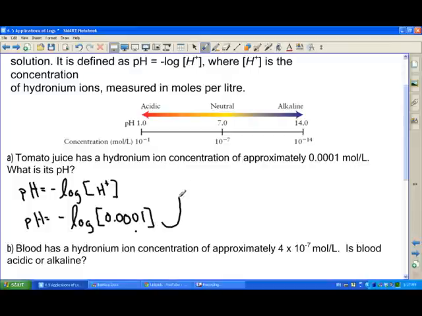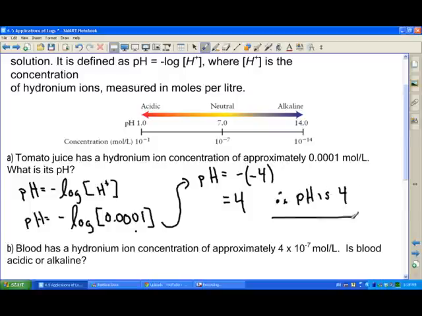And this is something we can evaluate directly on our calculator. So pH is equal to negative, calculating the common logarithm of 0.0001, I get -4. So -1 times -4 is +4. And the pH of tomato juice is 4.